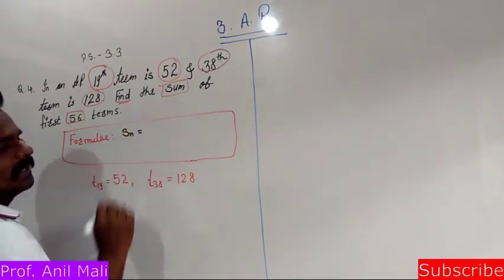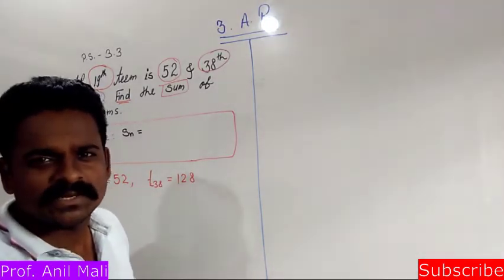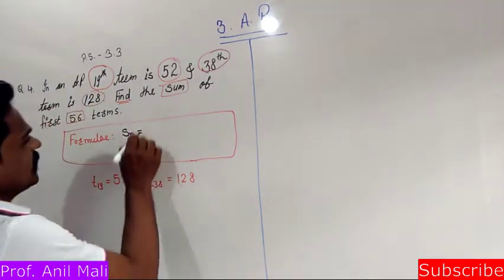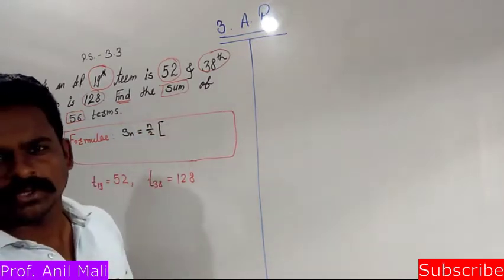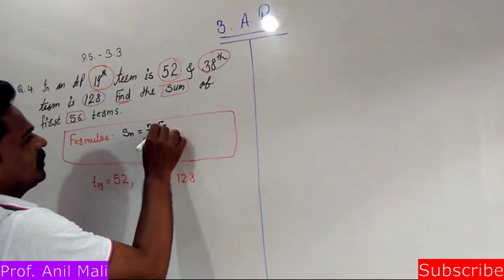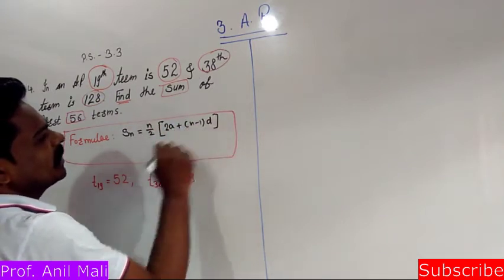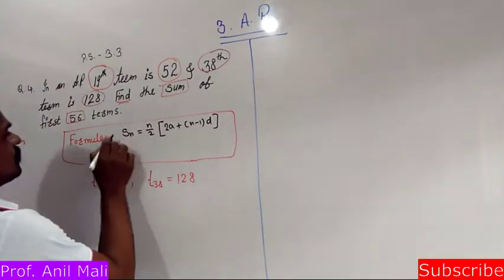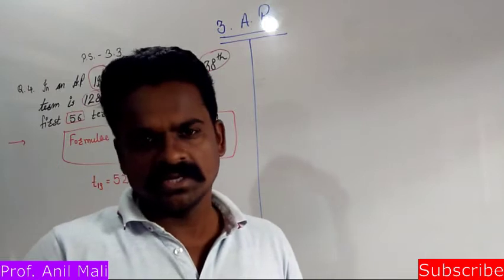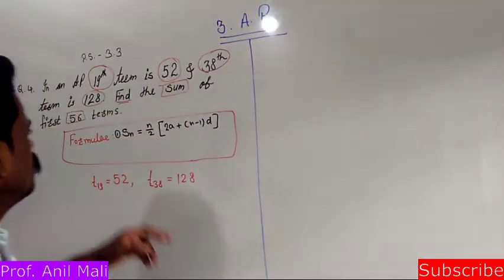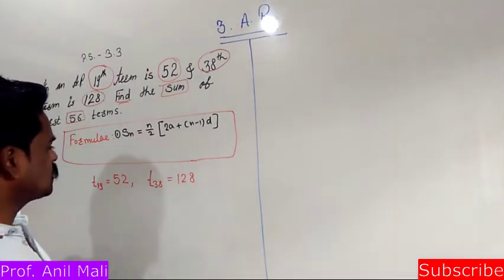Sn is equal to n by 2 into the bracket 2a plus n minus 1 into d. This is my formula number 1, which is required to find the sum of the first n terms. Sn equals n by 2 into the bracket 2a plus n minus 1 into d. That is my first formula.